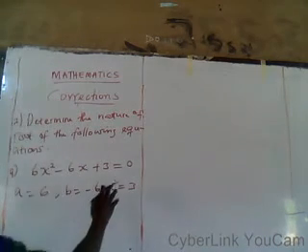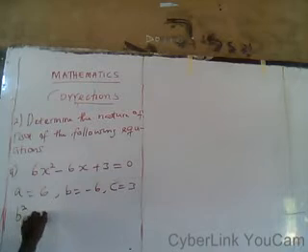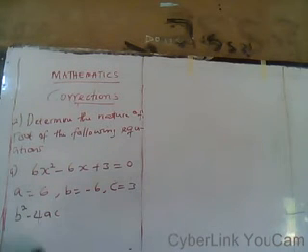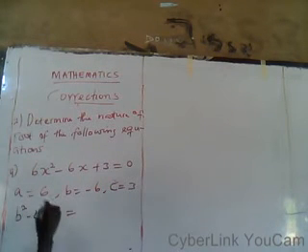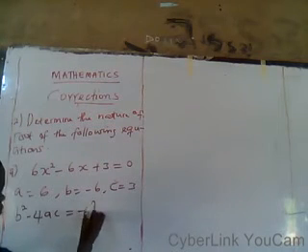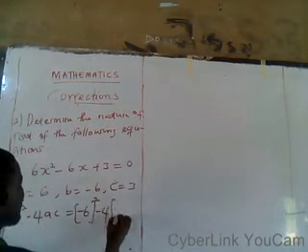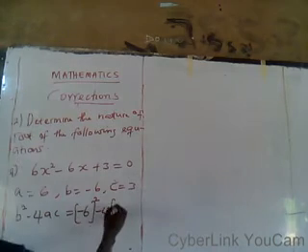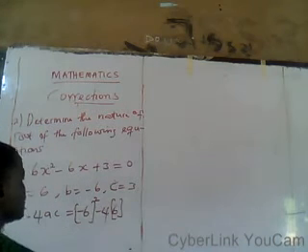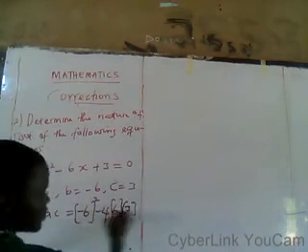Now, this one now, our b squared minus 4ac is now equal to minus 6 squared minus 4 into bracket. What is our a? Our a is also 6. Then we have c to be what? Our c is 3, right?